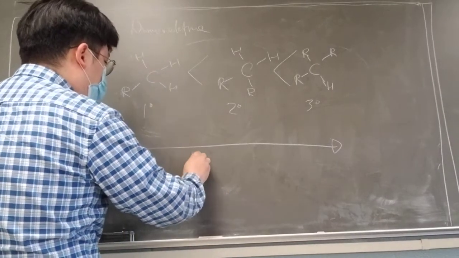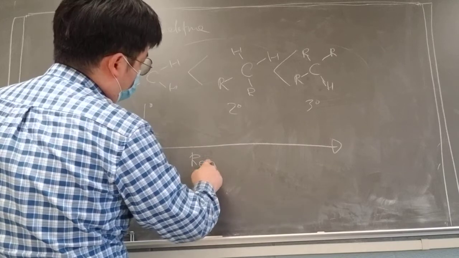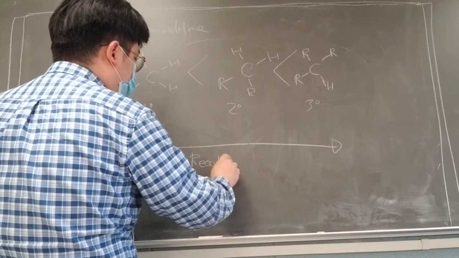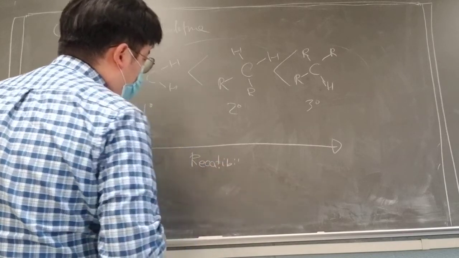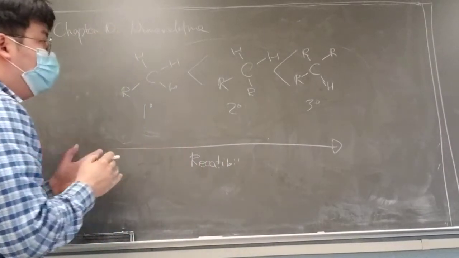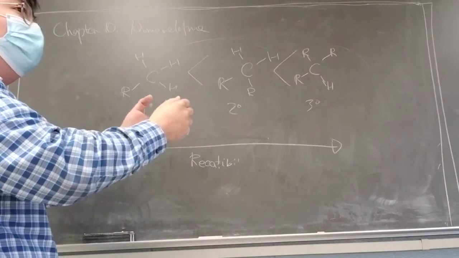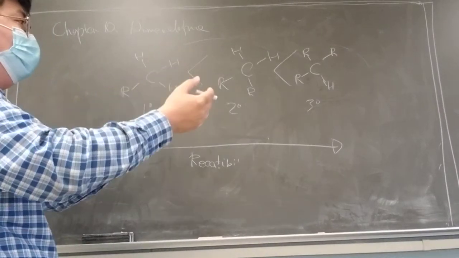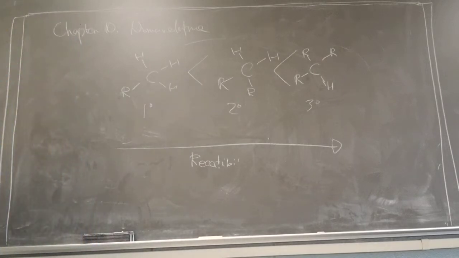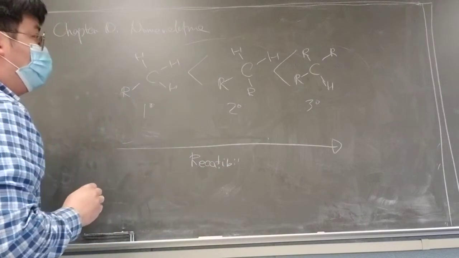So if you look at the trend of the reactivity, the reactivity will be higher as you go from left to right. If the carbon that the hydrogen is attached to is more substituted, the product making will be much faster and more frequent. So this is the trend over here.